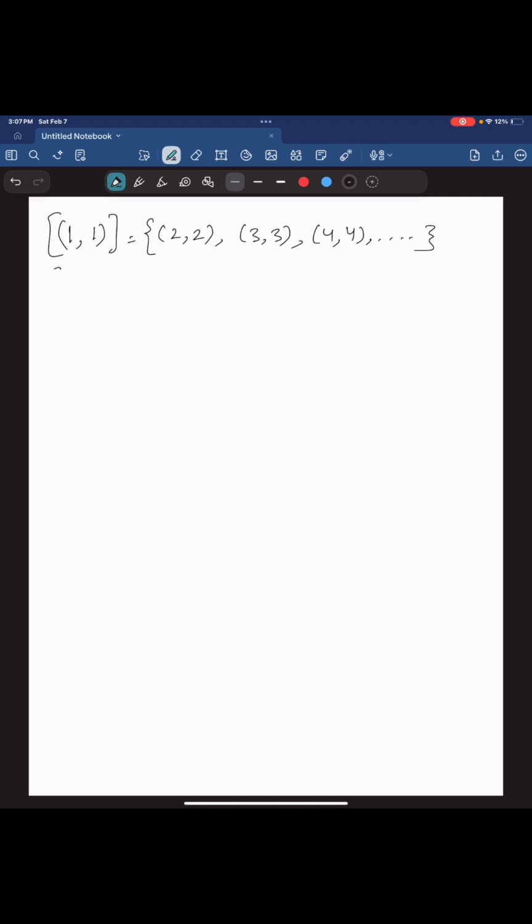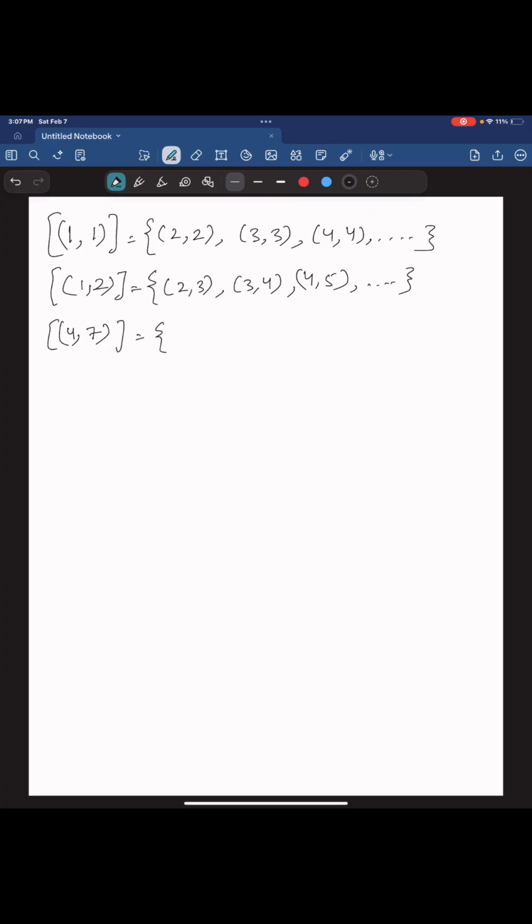Similarly, if I take another example, the equivalence class of (1, 2), the elements would look like (2, 3), (3, 4), (4, 5) and so on. Let's take another, say (4, 7).